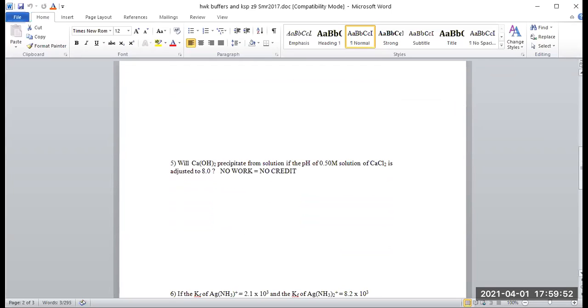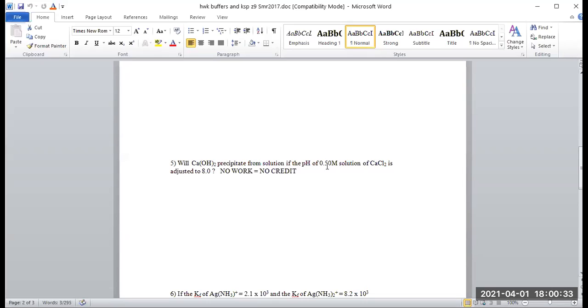For 5, this one also kind of mimics one of the examples that I gave you in that it asks you to show how your pH is going to affect your ability to create this precipitate, because you have calcium chloride and you are placing it in a solution that has a relatively acidic, actually, I read that wrong. Like I said, it's been a long day. I read the wrong number.